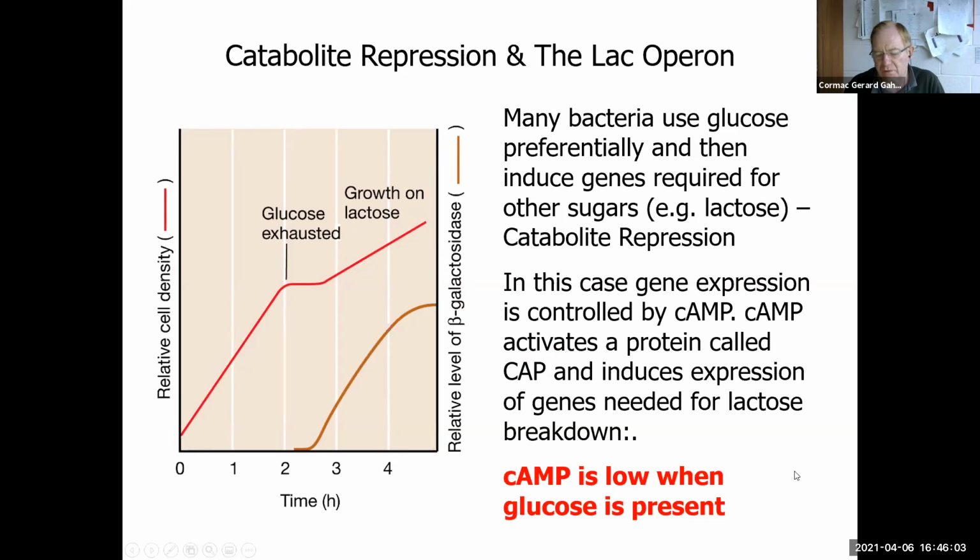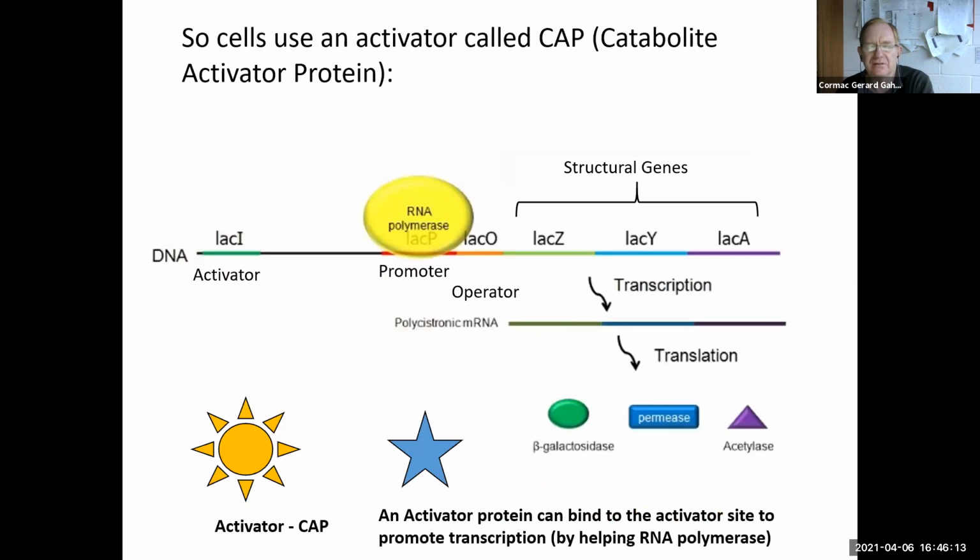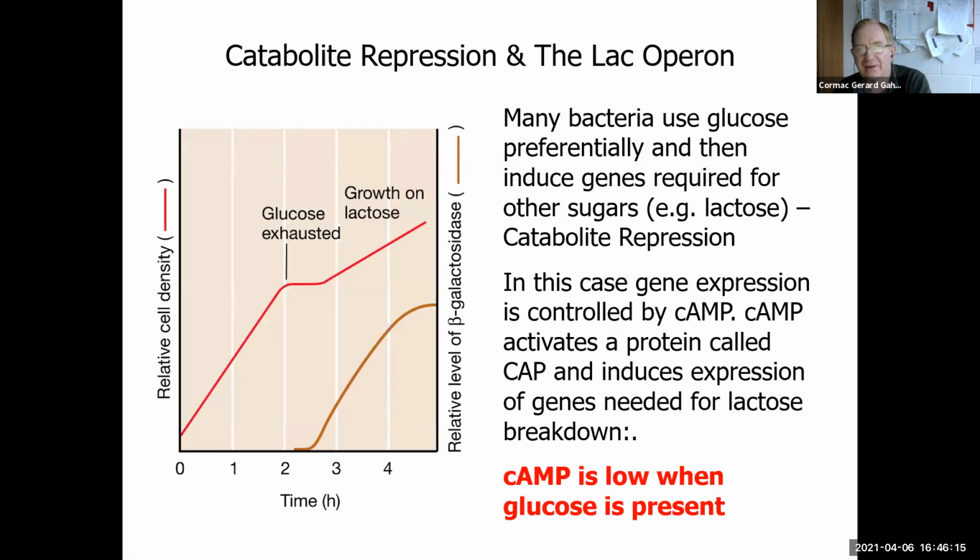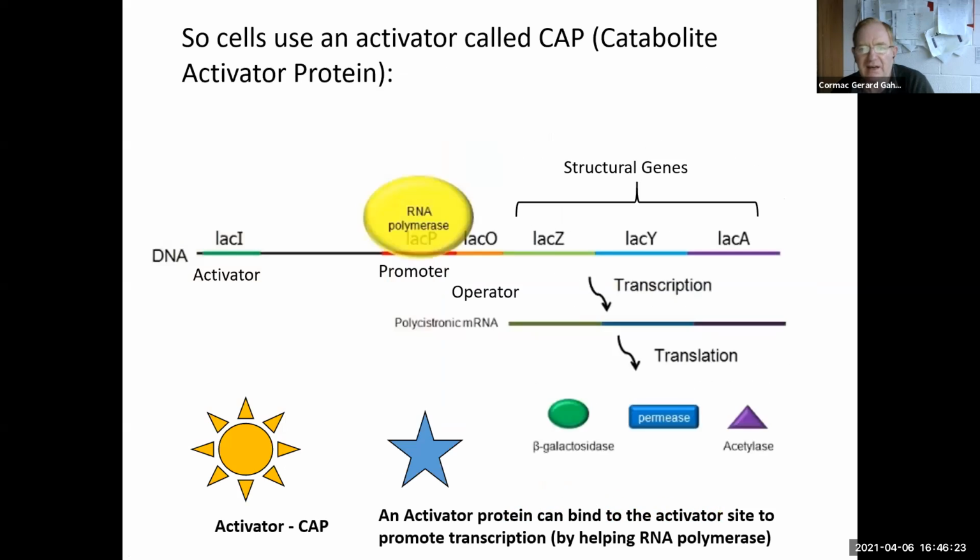What you really have to learn and remember is that cyclic AMP is low in the presence of glucose, but high when glucose is exhausted. So cyclic AMP goes up here, and that activates the catabolite activator protein. This is the first case where we see activation. So we start to see the use of the activator site.